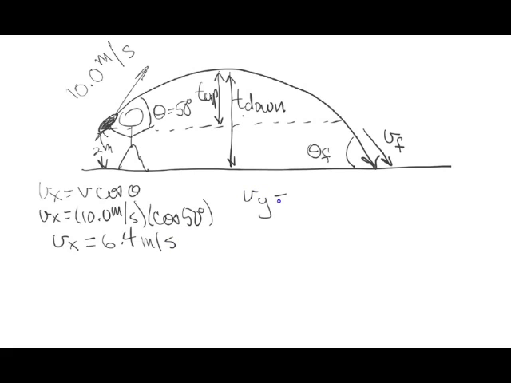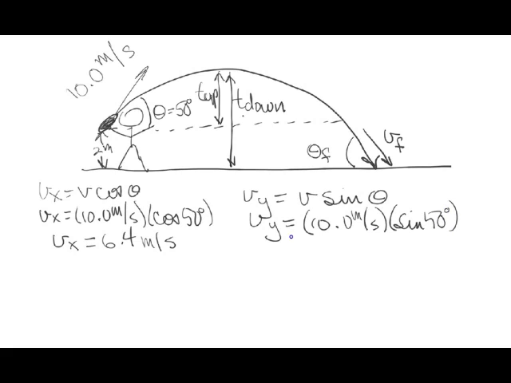V sub y, v sine theta. These are exactly what we did in the very first trajectory video. Giving us a v sub y initial upward velocity of 7.7 meters per second. Hopefully there's nothing here you haven't seen before.